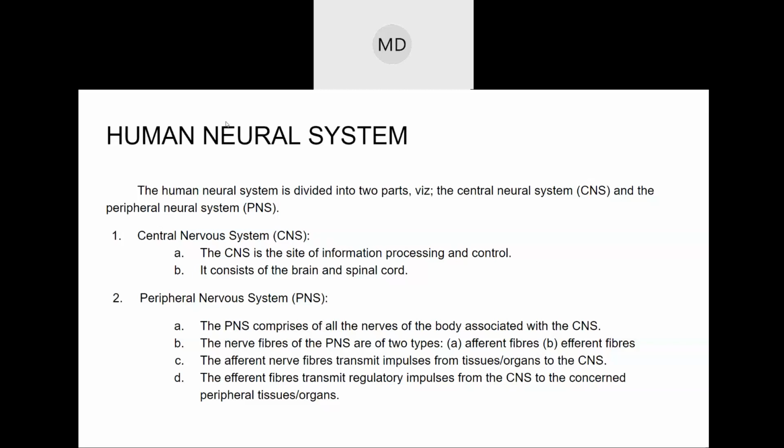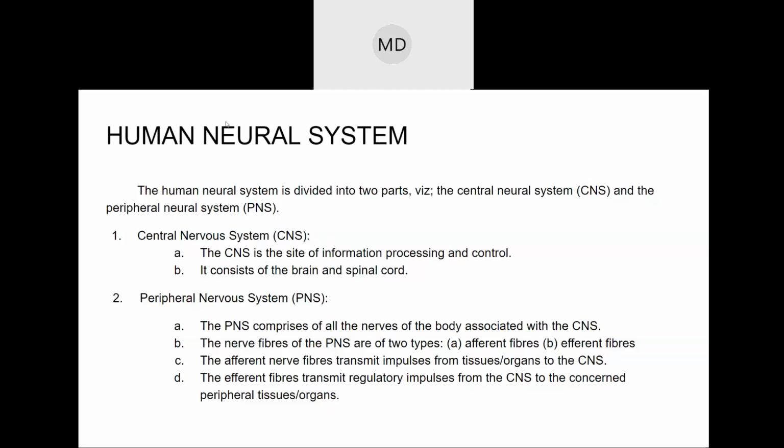Okay, so, before the two types: nerves, nerve cells or nerve fibers, their function is to transmit electrical impulses. Just remember that their function is to transmit electrical impulses, and that is why those impulses are very fast.